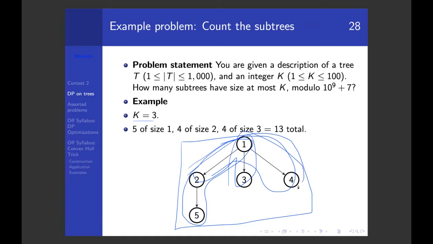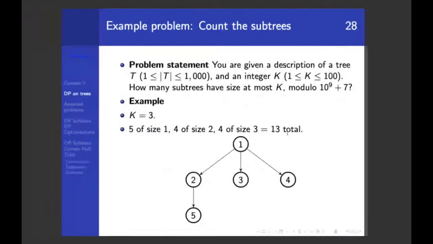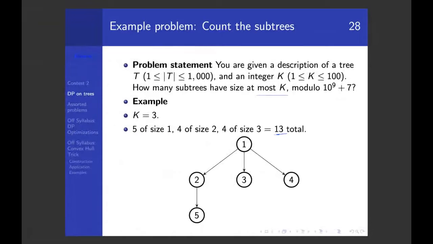Bit messy, but yeah, there are 5 of size 1, 4 of size 2, 4 of size 3, which means k equals 3. How many subtrees have size at most k? 13. We're ignoring subtrees of size 0, since it's hard to define how many there are. So we say there are 13 total in this case.